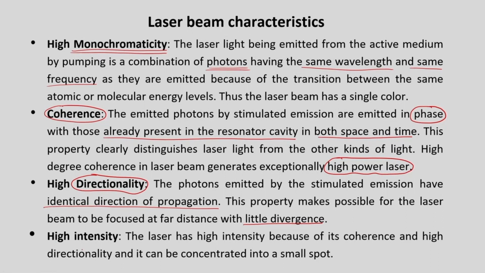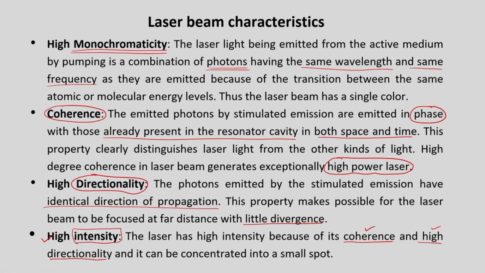The next important characteristic is intensity. The laser beams give us high intensity. The laser has high intensity because of its coherence and high directionality. These two characteristics, coherence and high directionality, generate laser beams which are highly intense.